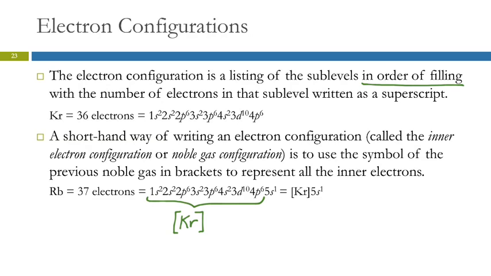Yes? So if you wanted to get a noble gas configuration for a noble gas, let's do krypton. You could just say, well, that's krypton, but that kind of seems like cheating, doesn't it? If we're going to do it, then we're going to look for the previous noble gas. Well, what's the previous noble gas? It's argon, right?